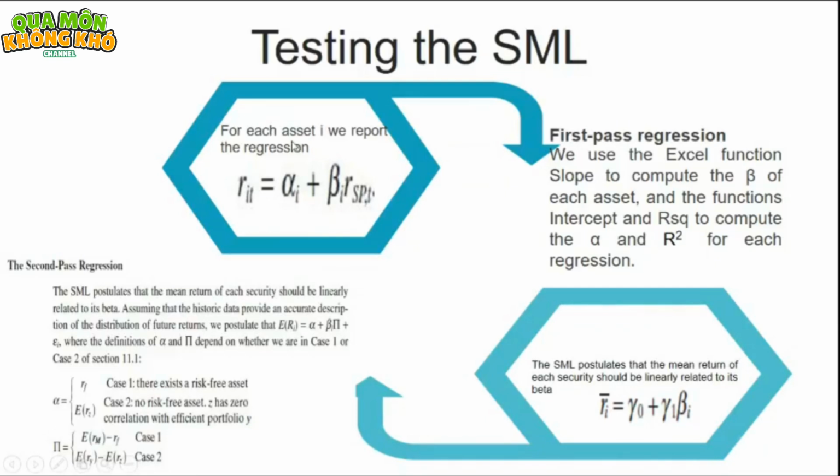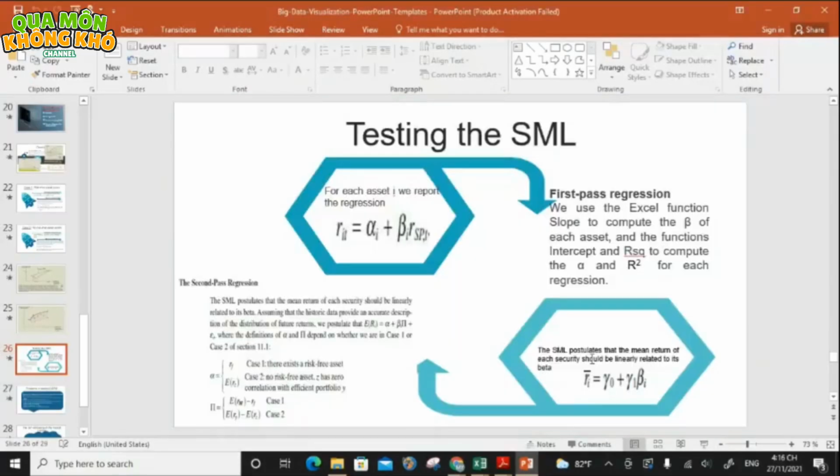Then for each of the assets, we will determine the asset's beta, and this is often called the first pass regression. Then we will regress the mean return of the assets on their respective betas. As you can see here, this is quite similar, but we use the mean return, in different terminology. Now I will show you the Excel file.